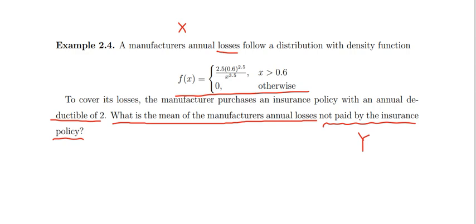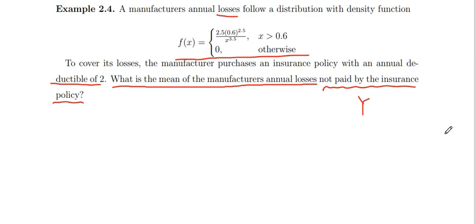So let's say this X loss is at least 0.6. Always have some loss. And actually we start from here.